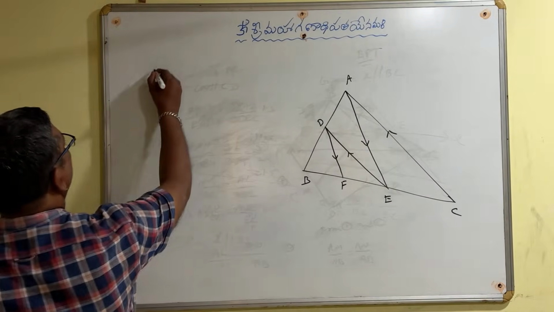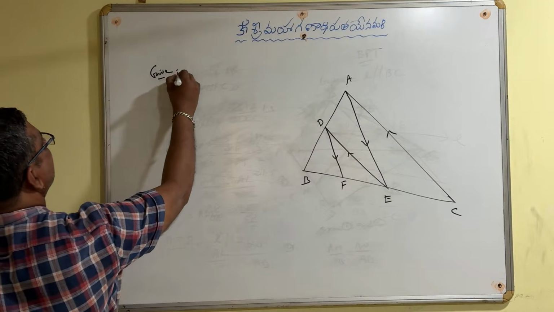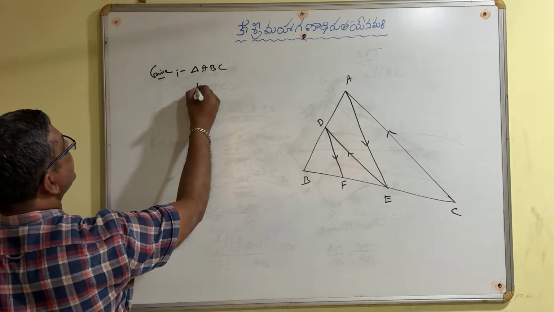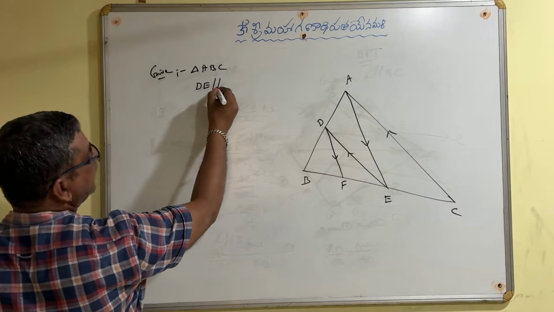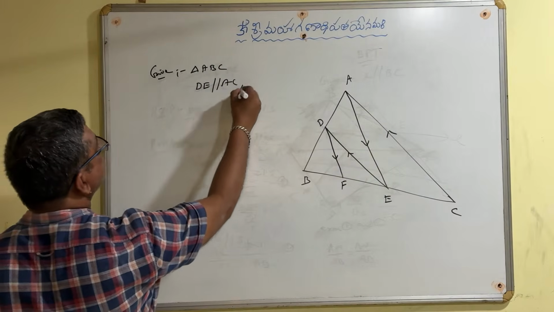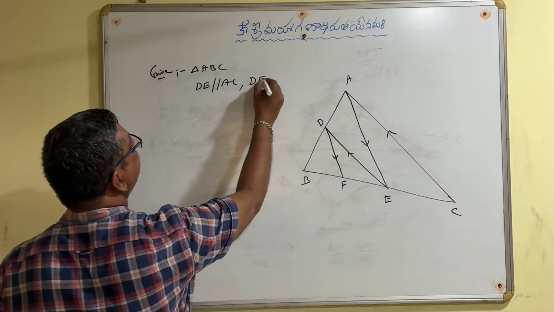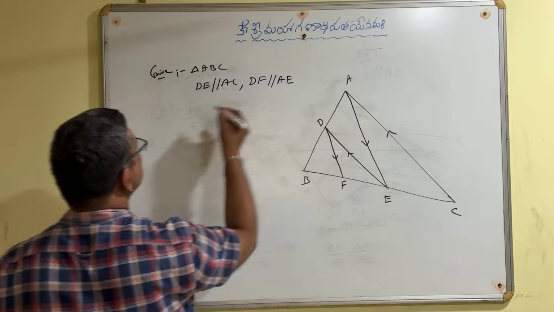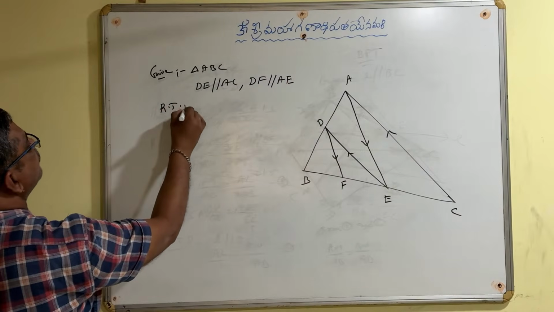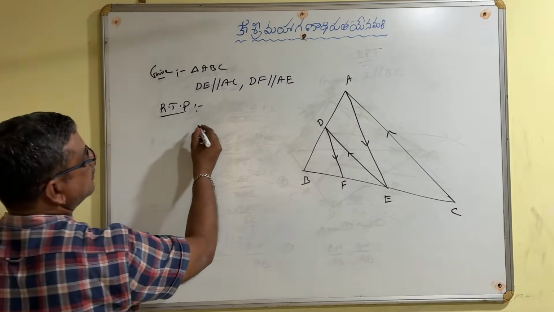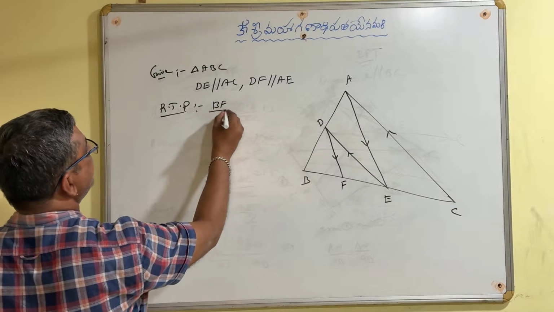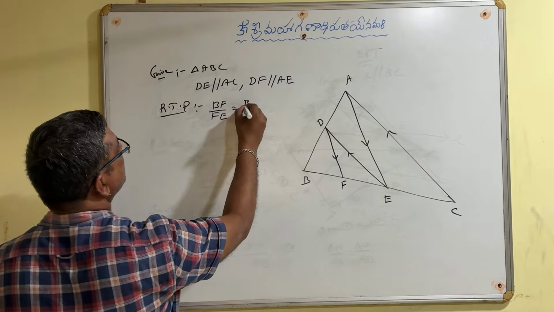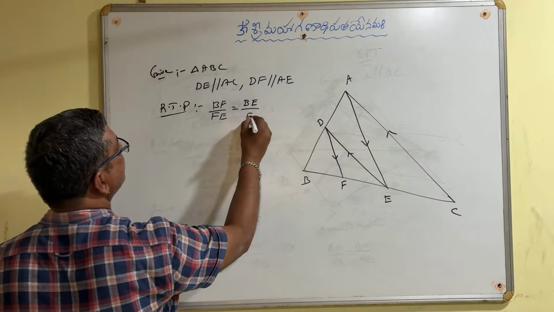What is given? In triangle ABC, DE is parallel to AC and DF is parallel to AE. And what we have to prove? BF by FE is equal to BE by EC.